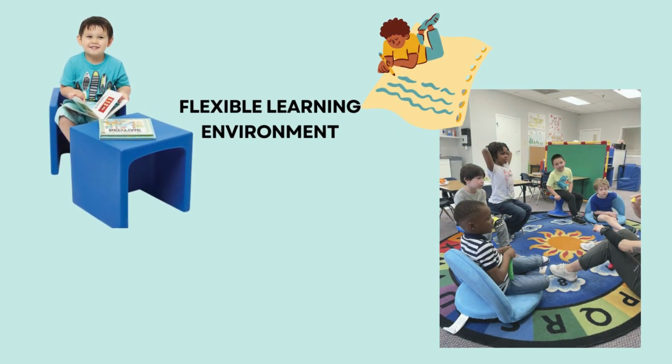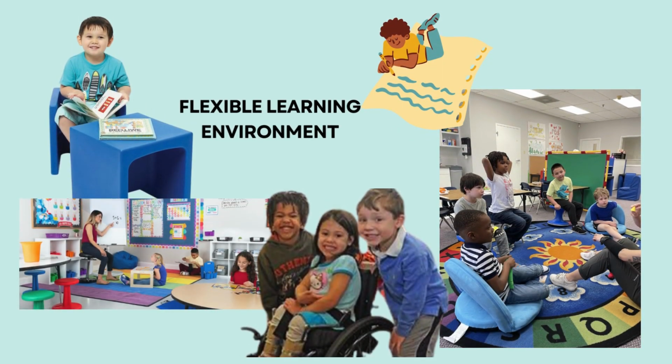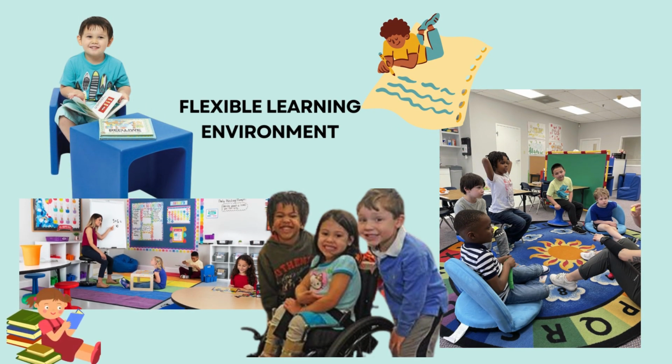Creating a classroom environment that supports diverse learning preferences is also crucial. Think about the physical arrangement of your classroom. Are there spaces for both quiet, individual work and collaborative group activities? Can students choose where to sit based on their comfort and learning style?